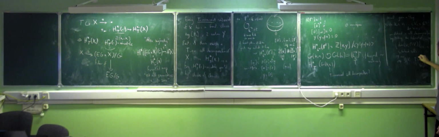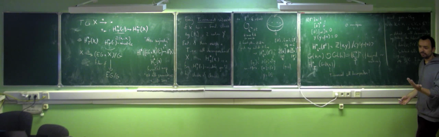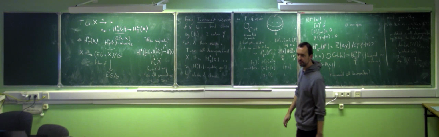Why? Well, you can see that from this identity immediately. If V_i is T-invariant, then it costs nothing to act with the torus on V, because you can absorb it in the V_i. I think this is kind of obvious. Does it make any sense?